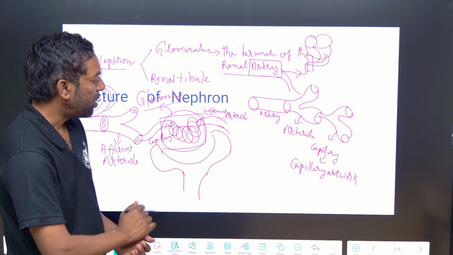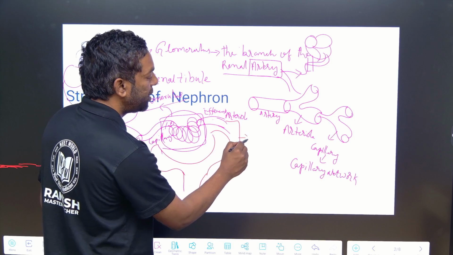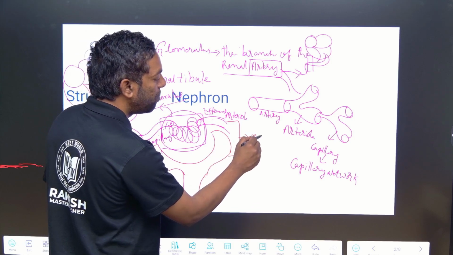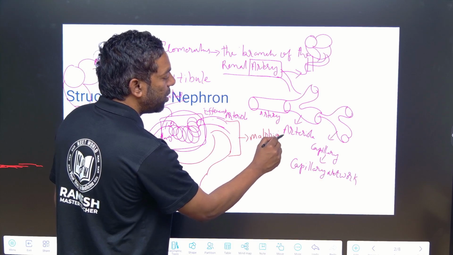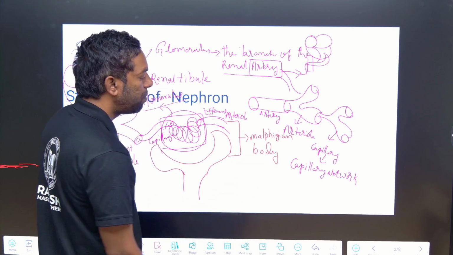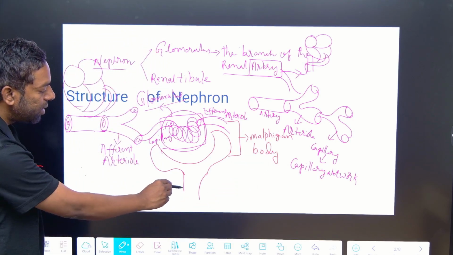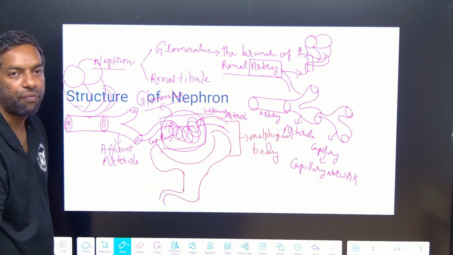Bowman's capsule and the glomerulus network together we call the Malpighian body. Further, the tube extends to make the nephron.